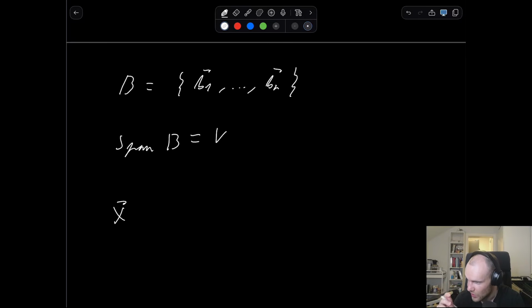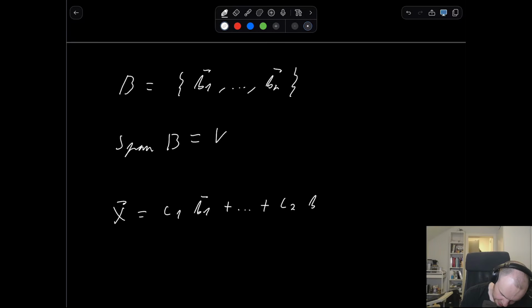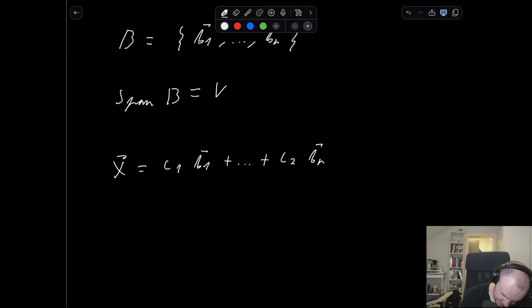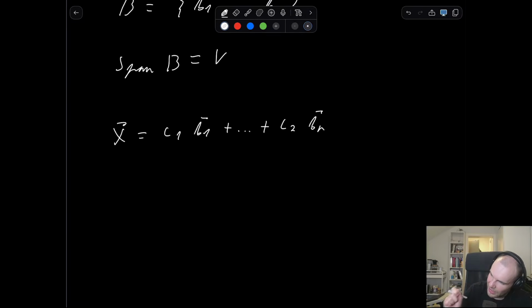You could say this will actually be our coordinates, but there will be a unique set of coordinates in order to represent that vector. So what I'm saying is that this equation here can only be represented by a unique set of coordinates, or you could say constants, right?